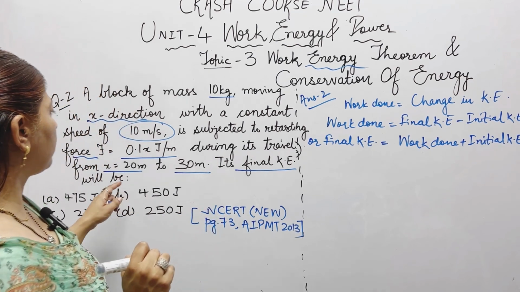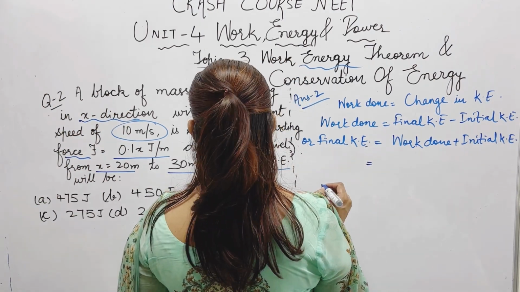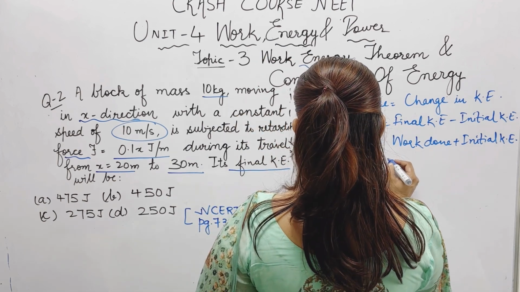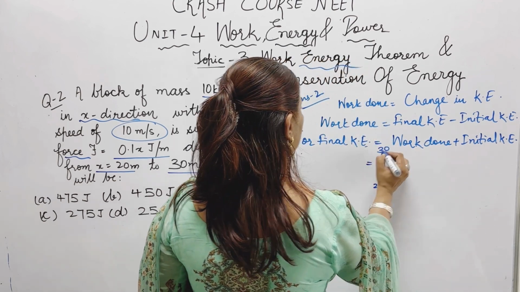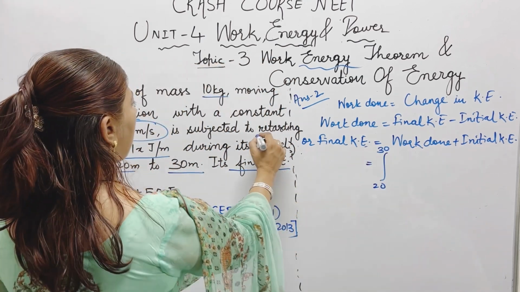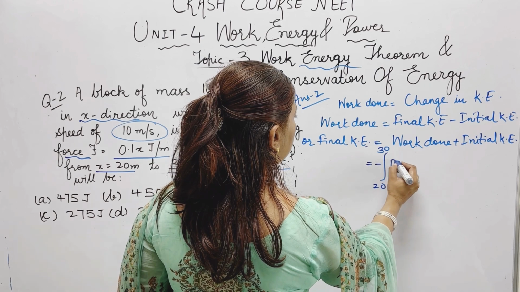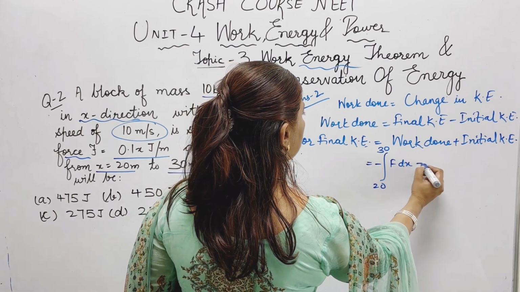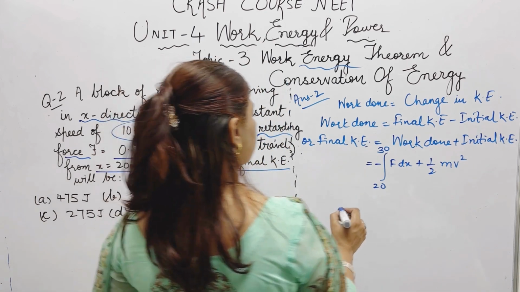So let us find out the work done. The work done here is force into distance, and that is to be with the limits 20 to 30. Since it is a retarding force, so that is to be taken with the minus sign, and half mv square for the initial kinetic energy.